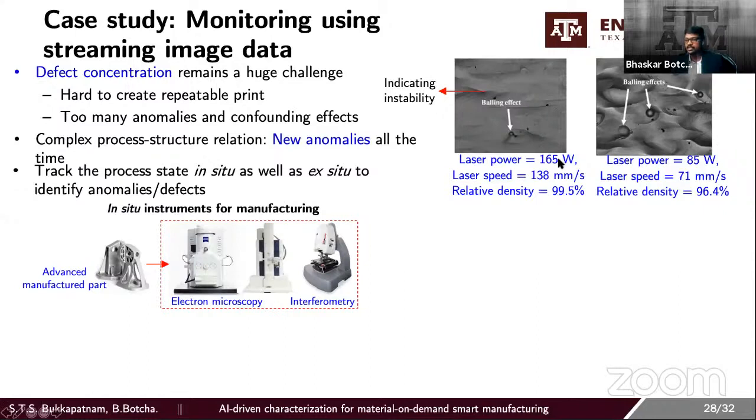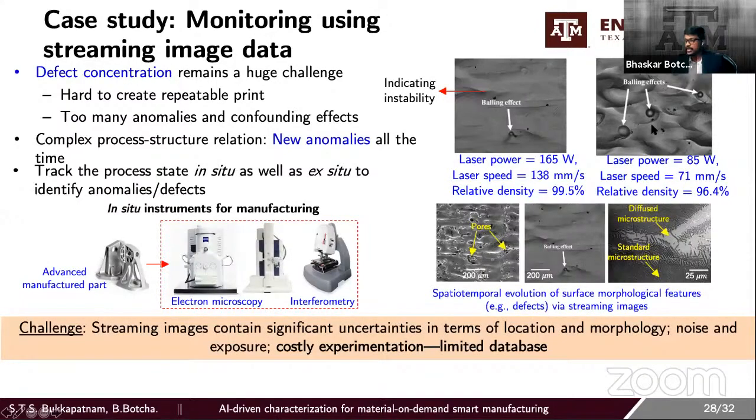Here we have two conditions where the laser power has a very stark difference, and you want to identify these particular defects. The problem gets particularly difficult because of the uncertainties in the location where these defects are present, and morphology.